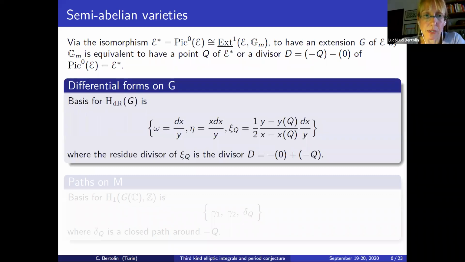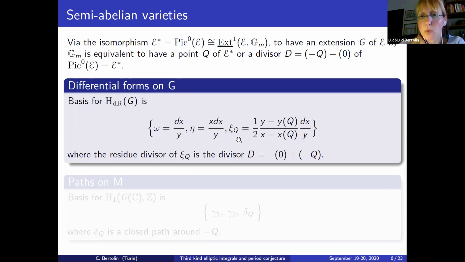The de Rham homology of such an extension has basis omega, this is dx over y, and eta, x dx over y, which we see are the basis of the de Rham homology of an elliptic curve.